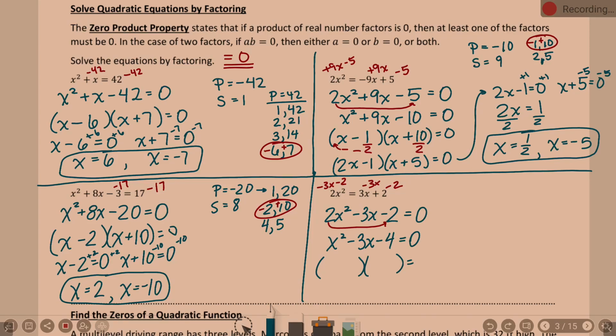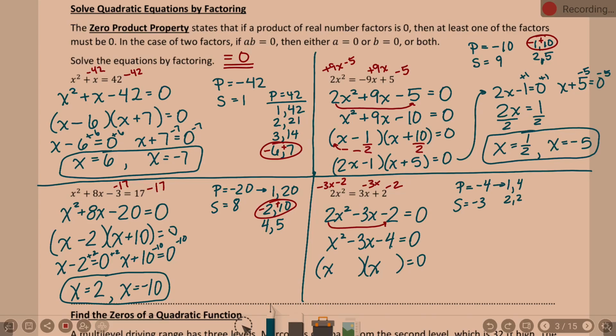Two parentheses, right? X squared is x times x. What do I need to happen? Product of the c value, negative 4, a sum of negative 3. What works? Multiplying to be 4 is 1 and 4 or 2 and 2.